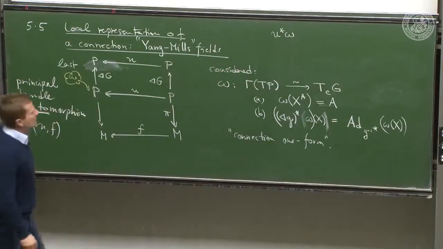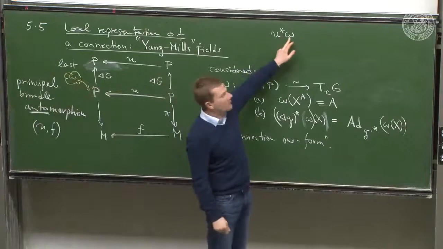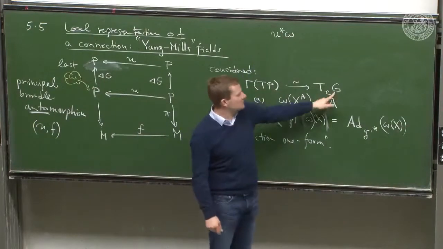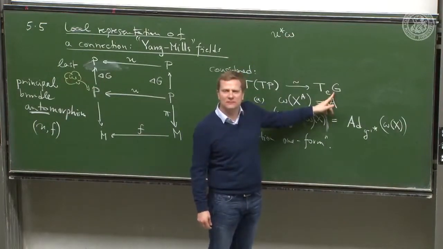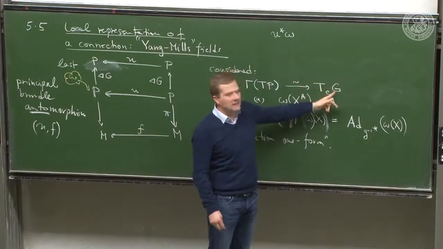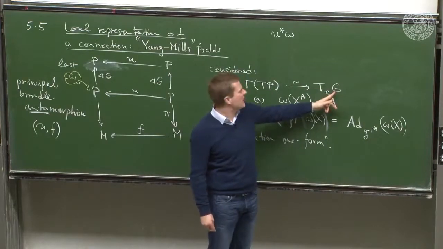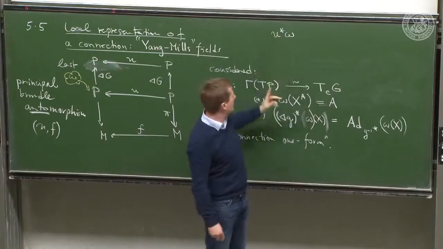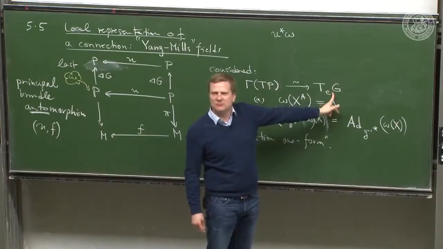But now the point is we defined the pullback of a one form if the result was in C infinity of P, or in the number field if you work at a point. We didn't define this pullback if it's Lie algebra valued.